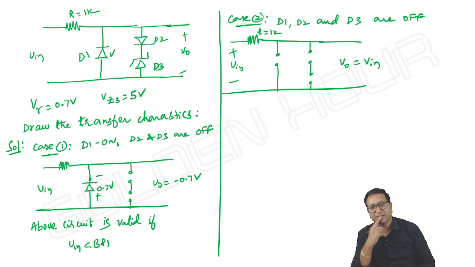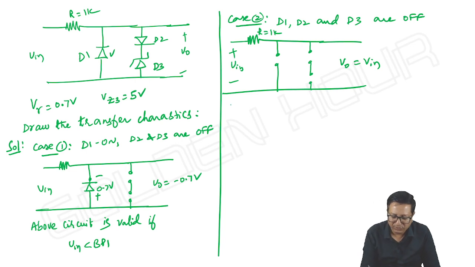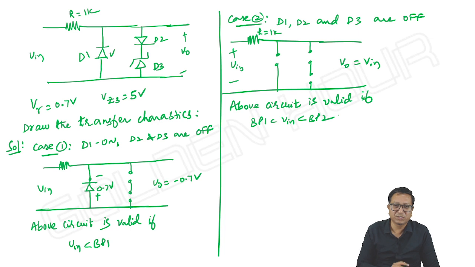Next, how long is this valid? This is valid if the input is greater than breakpoint 1 and less than breakpoint 2, maybe the breakdown voltage of the GNR diode, 5 volts like that. It looks like 0 and 5.